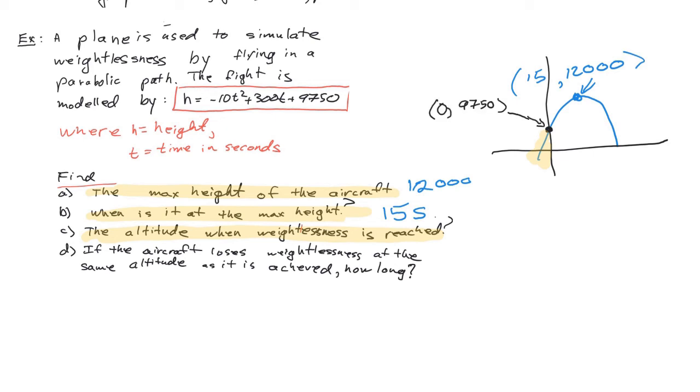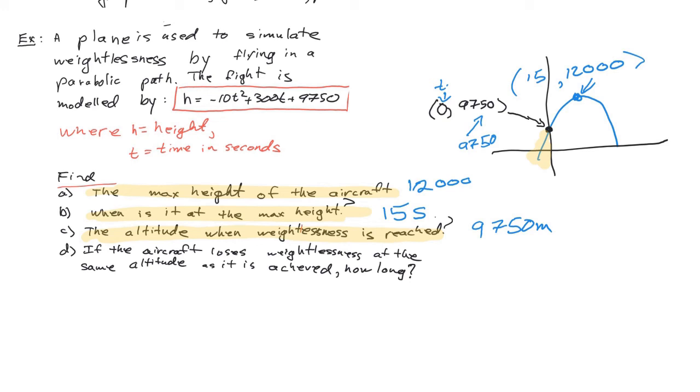So in essence, we have our time equaling 0, but our height being 9,750, which was our y-intercept, right? So the altitude when the weightlessness is reached is 9,750 meters. There it is.